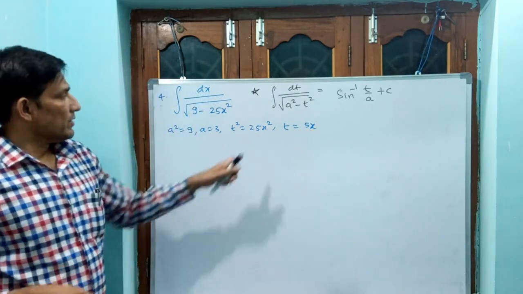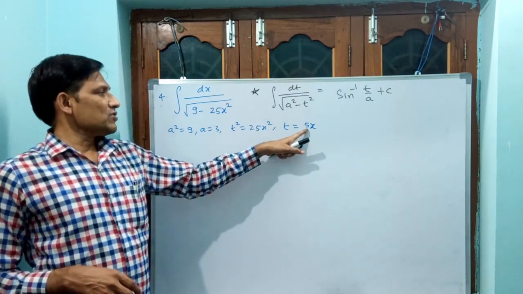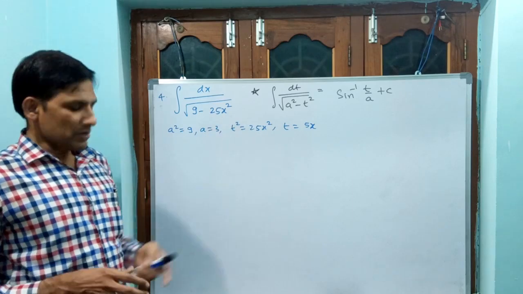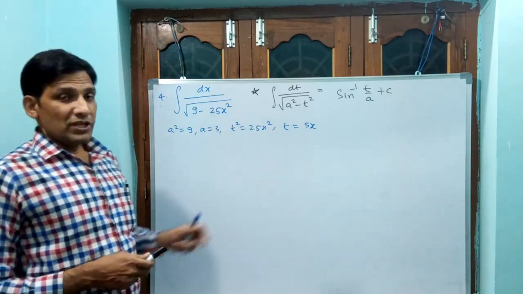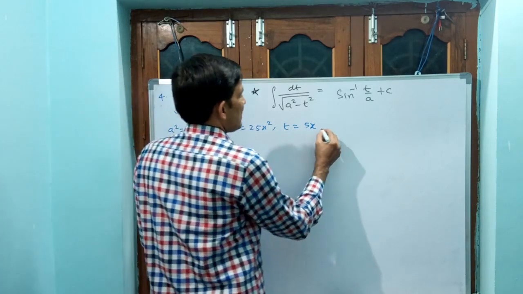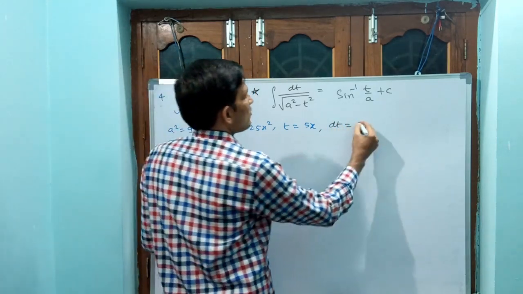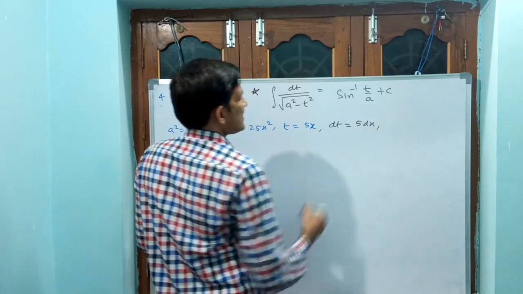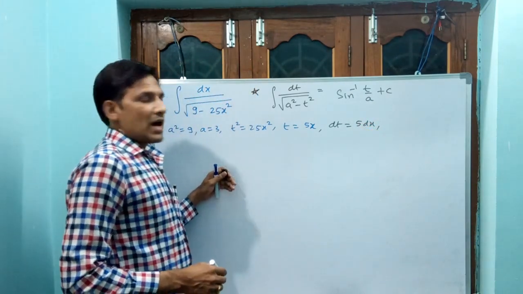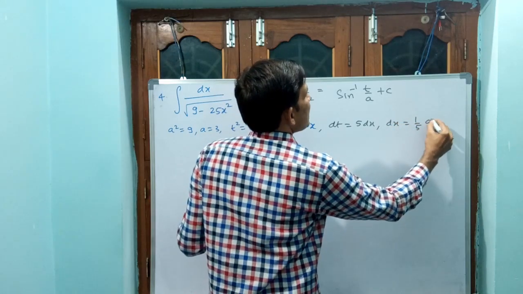If t is 5x, automatically t square is 25x square. Now see, when t is 5x, you want dx also. Then you make dt. dt by dx is equal to 5, or else dx is equal to 1 by 5 dt.